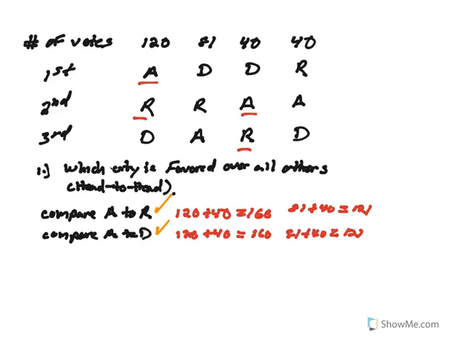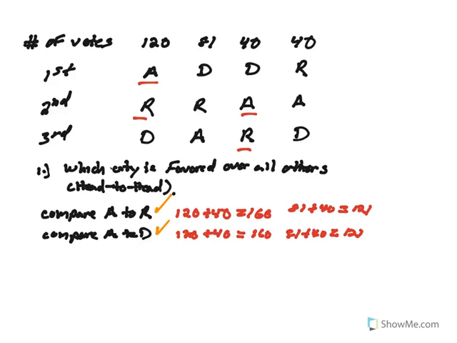Now, using the plurality method, I want to know which city wins the vote. When we do that, we total the first choice votes for each city. City A in the first choice column has 120 votes. City R receives 40 first choice votes.